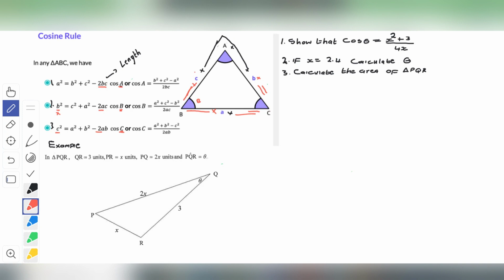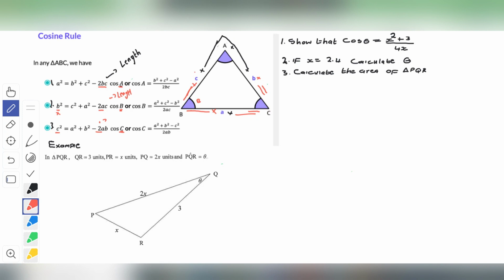So like I said, B squared is equal to C squared plus A squared minus 2AC cosine of B. We use it when we calculate the length, right? So meaning this one we also use when we calculate the length. So now let's talk about the cosine of A. When do we use this formula?